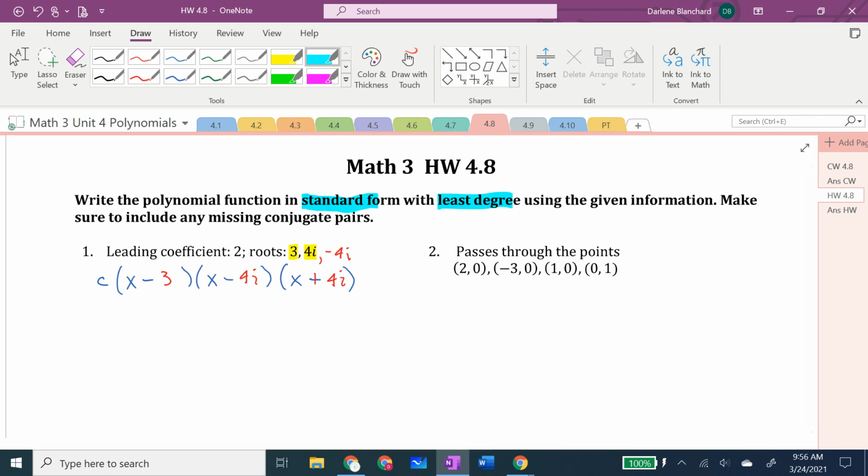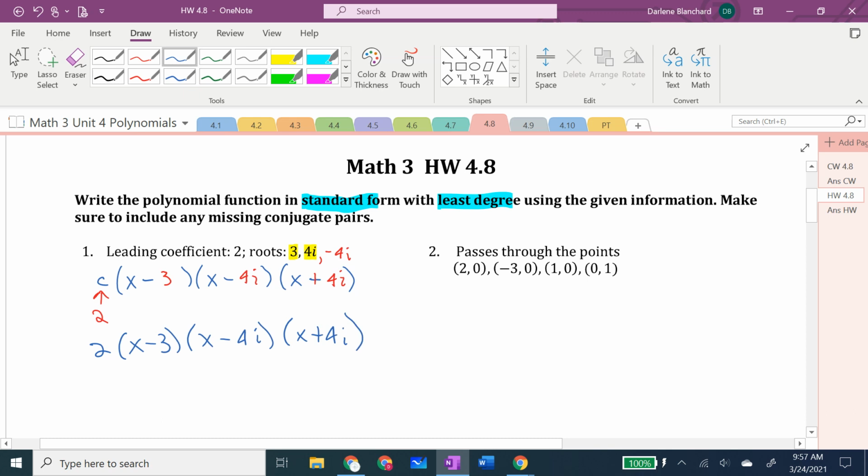Least degree means don't add any more roots to it. Leading coefficient is 2, so I'm going to change this to being a 2. And then we're going to take a look at what we have. We have 2 times x minus 3, x minus 4i, and x plus 4i.